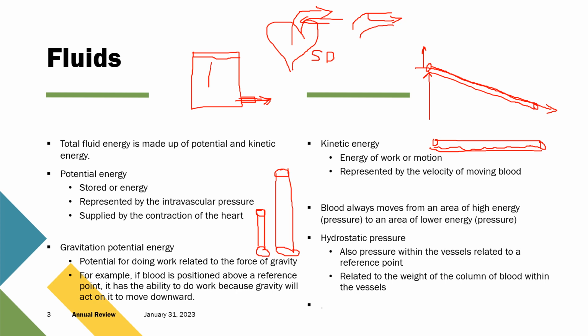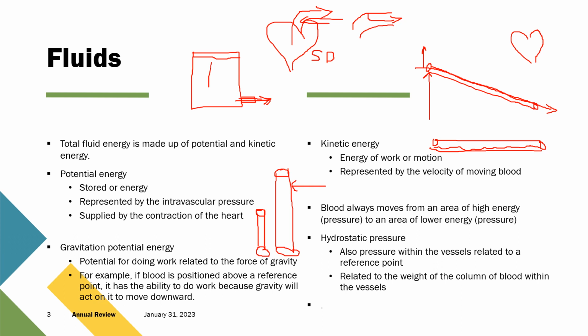Now, hydrostatic pressure goes back to the idea that I mentioned with our two tubes here. Hydrostatic pressure basically refers to the pressure within the blood vessel at a reference point, which is determined by the gravity or the weight of the blood at that area. So if I had a 0 point, in the human body the 0 point is your heart.